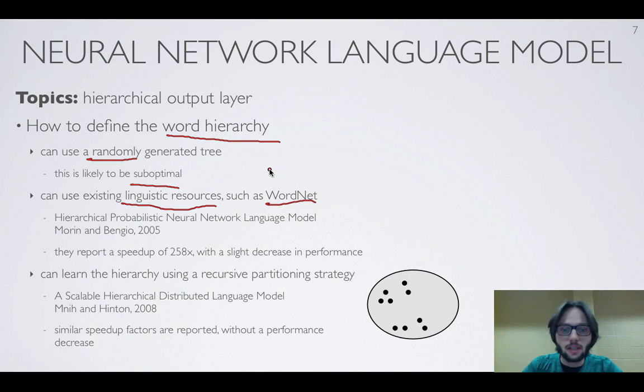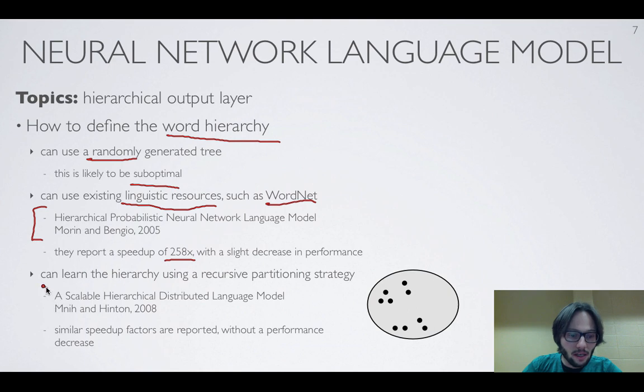So I won't go into detail of how WordNet works. You can look at this paper for how, in particular, you can use WordNet to derive a tree for organizing all the words into a tree. In this paper, they actually reported really good speedups that you'd expect from using a tree, and they only saw a slight decrease in performance compared to using a softmax layer.